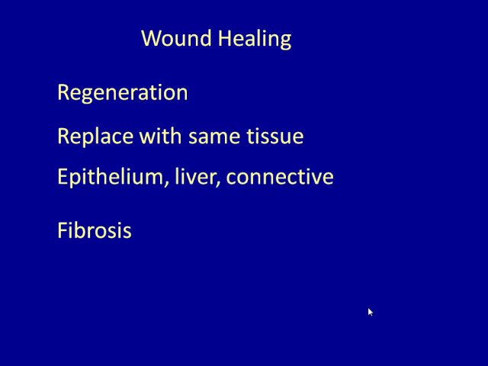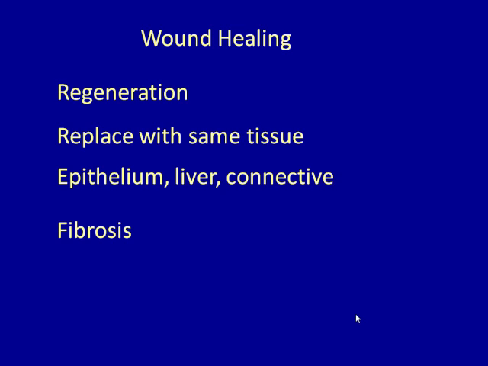Epithelial tissue, the liver, and connective tissue are all regenerative. That is, when you cut through your skin, what you get back is more skin. When you break a bone, when that heals, the healed spot is still bone. When you have regeneration as a part of wound healing, you get fully functional tissue back.